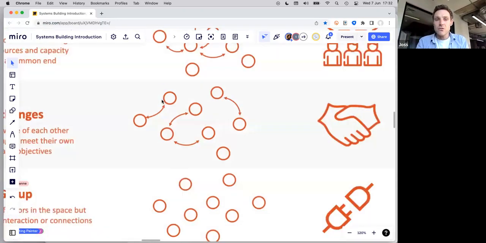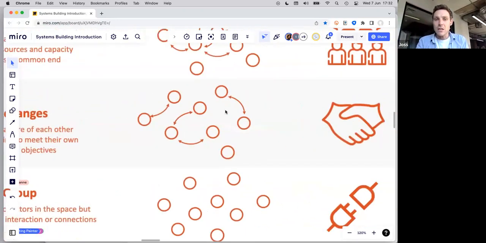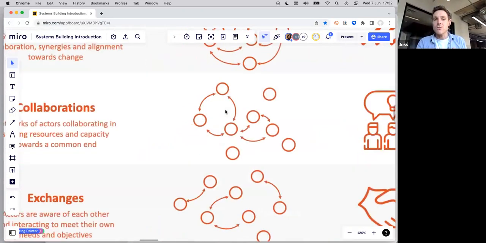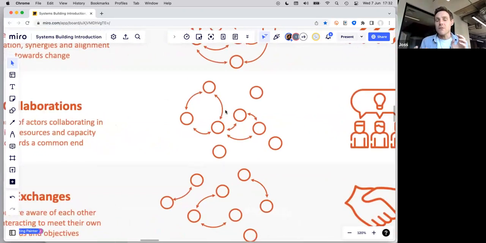It's not just transactional, like an exchange where I have one thing and we exchange the thing that you have for what I have. Collaboration is when I have something, you have something, but we're going to put them together to create something that doesn't exist yet. But it doesn't say whether that is happening across a whole network, or just between me and you.